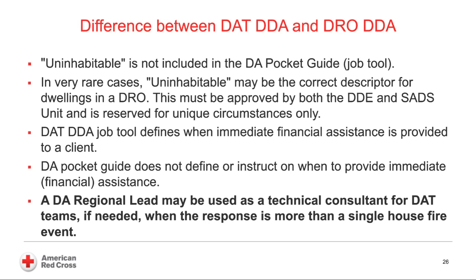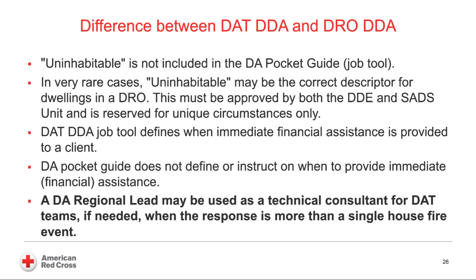The DA Pocket Guide does not define or instruct on when to provide immediate financial assistance. So once we move to a DRO and we're following the detailed damage assessment as part of the pocket guide, there are no monetary categories that match up. We are purely doing an independent damage assessment of property.